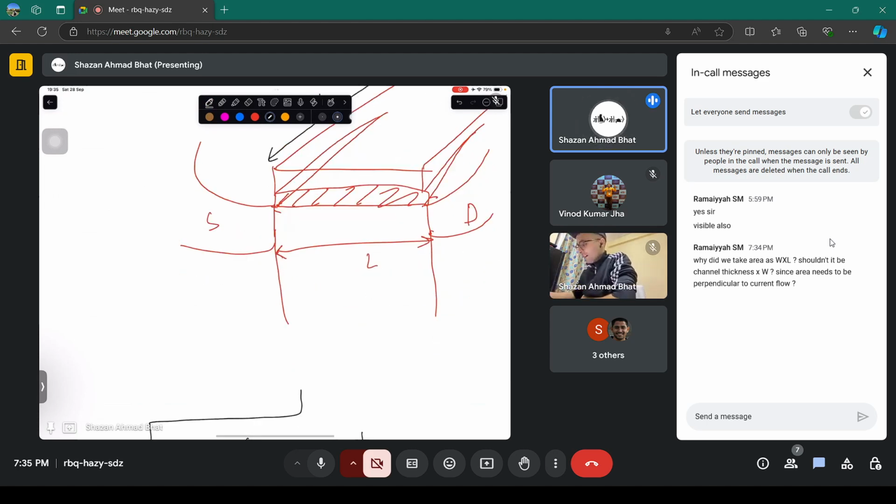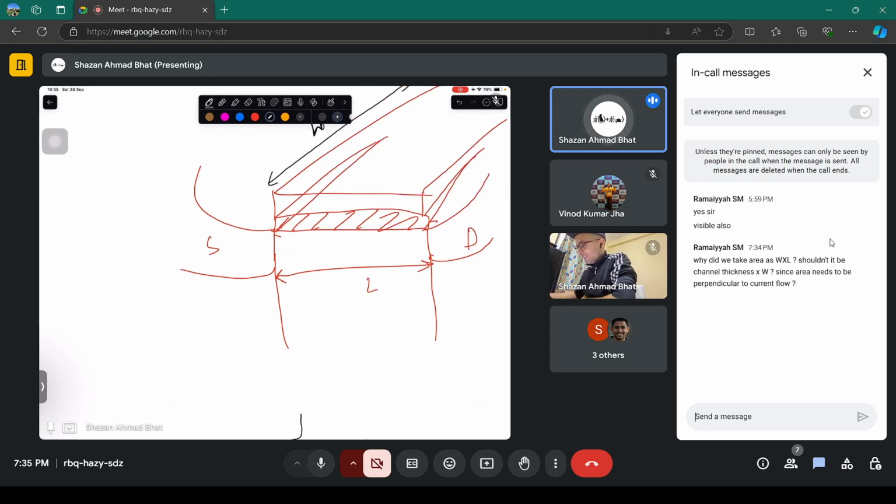Now I hope you got the answer from this 3D visualization, why the area is W into L.